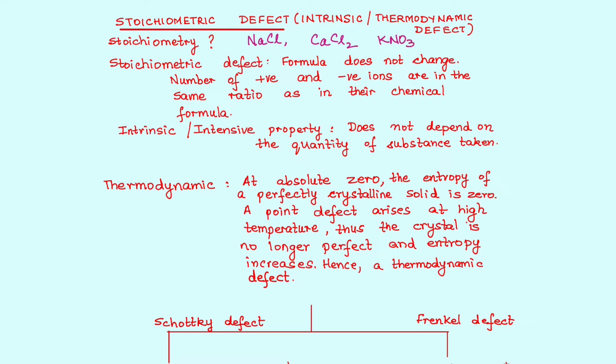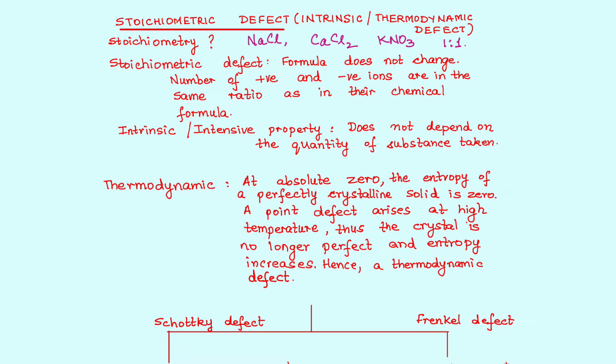When I'm talking about potassium nitrate, it is made up of 1 potassium, 1 nitrogen and 3 oxygen atoms, or 1 potassium ion and 1 nitrate ion. So the molar ratio of potassium to nitrate in a crystal of potassium nitrate is 1:1, and that's the stoichiometry. As simple as that.